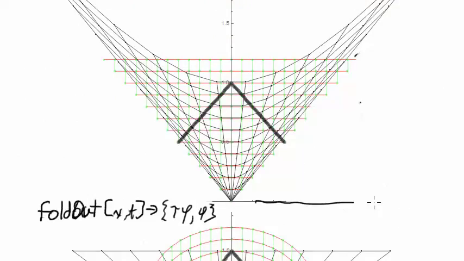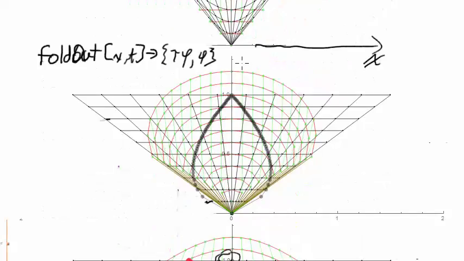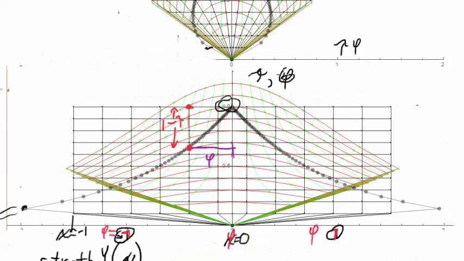Because this graph was labeled in x versus t, this graph is labeled in tau and phi, with tau going upward and phi going to the side. This one is labeled as tau going up and phi going to the right.